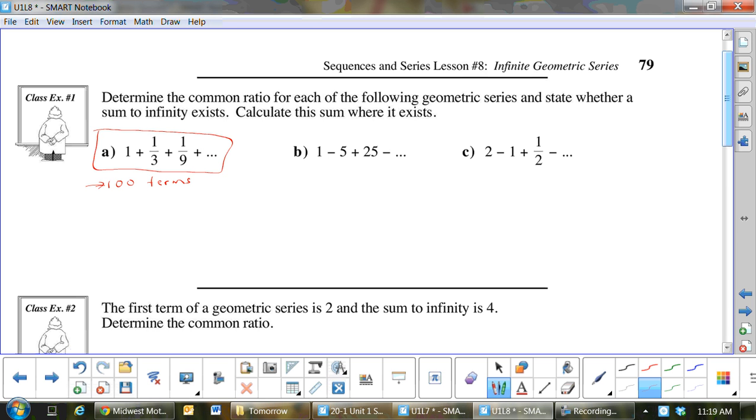Let's say if we add up 100 terms. So let's do S100. A is 1, and R is 1/3, to the 100 minus 1, all over 1/3 minus 1.